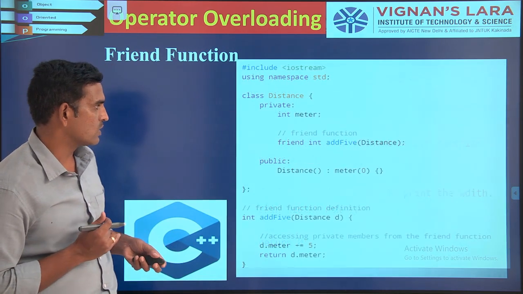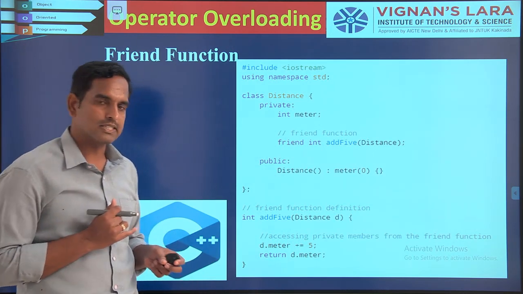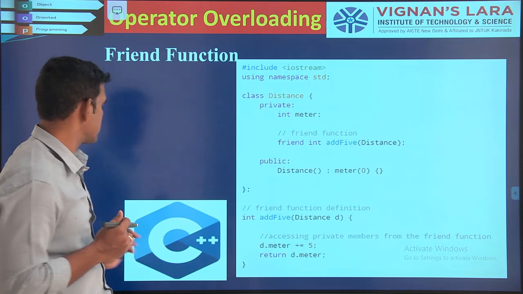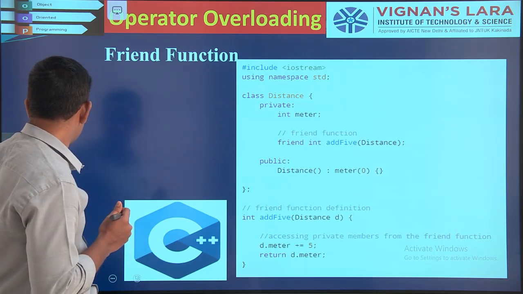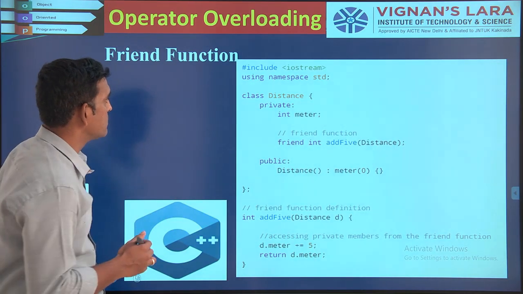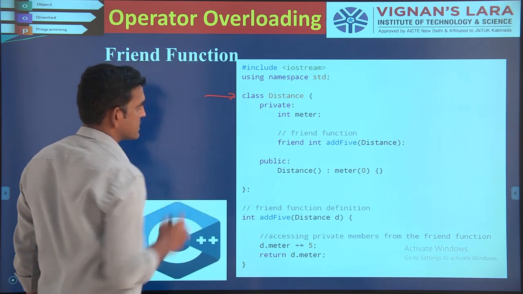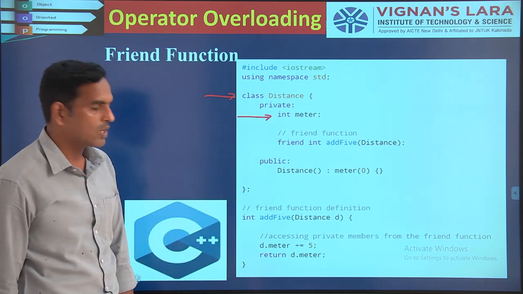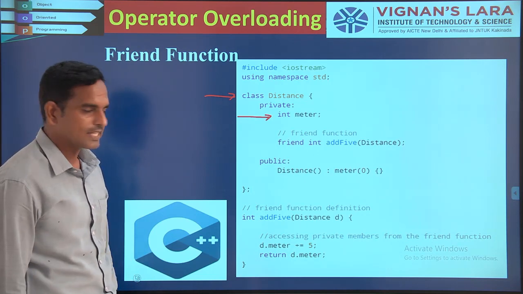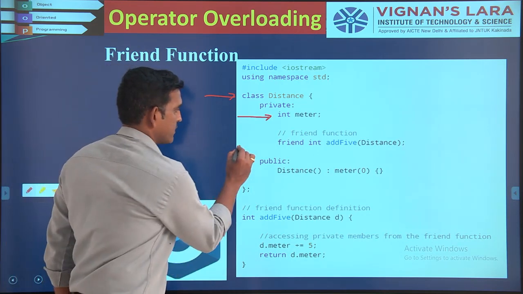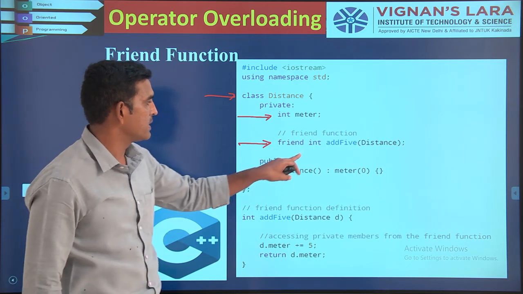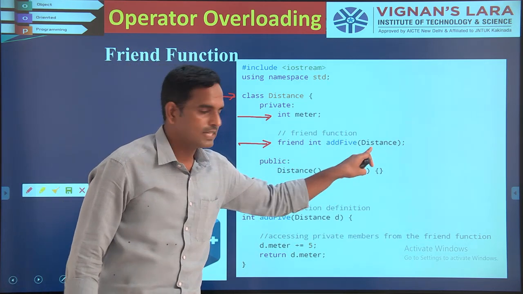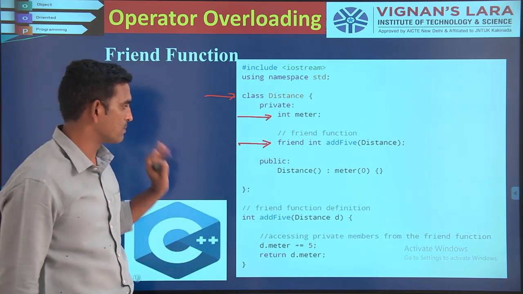But apart from this one, you have another example regarding your friend function. If you see properly, this is another simple example. You have a class Distance, and inside Distance you have one member called meter, and you have one friend function, add5, which also takes one Distance object like the previous example.